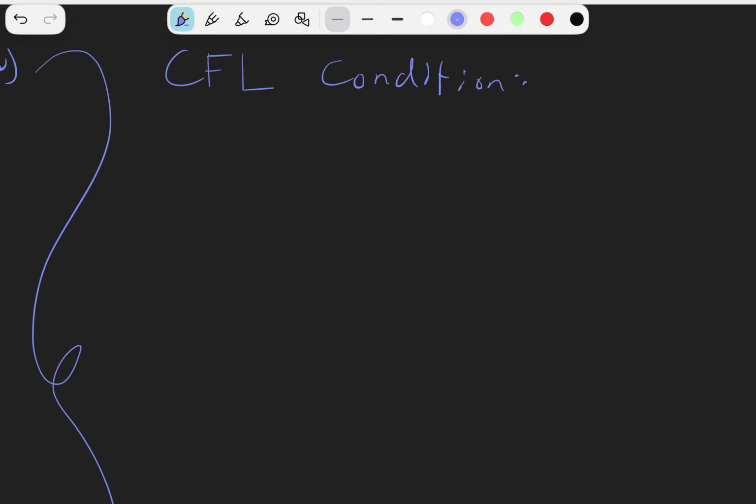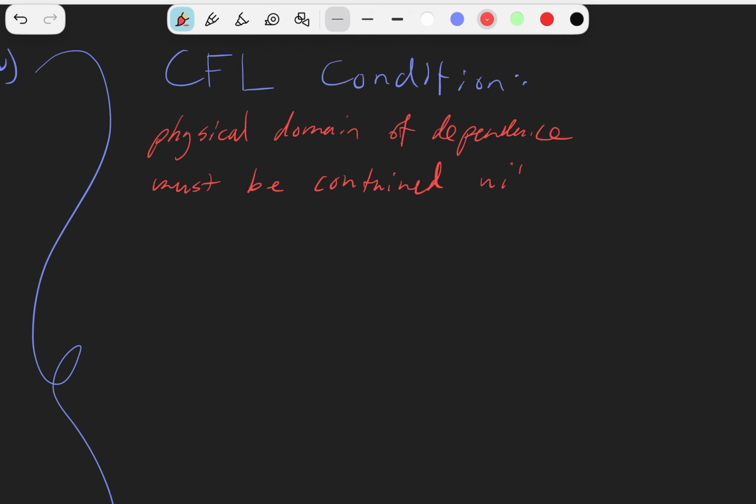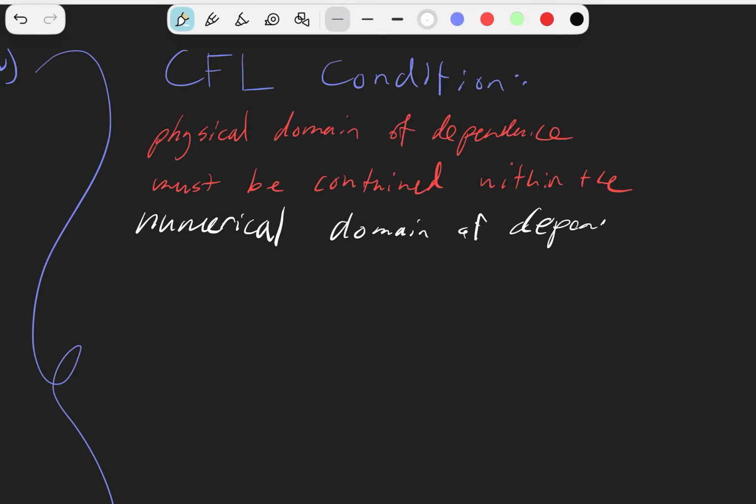And we're just saying, for explicit stability, right, so that we can know something is generally stable, the physical domain of dependence must be contained within the numerical domain of dependence.